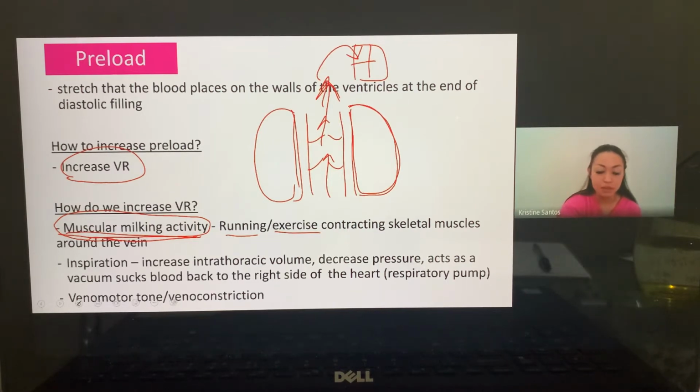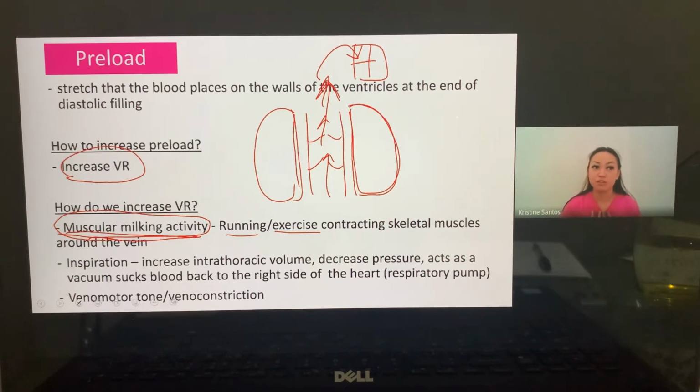Okay? The second one that can increase venous return is inspiration. When we inspire, when we inhale, our diaphragm contracts. It pulls the chest down, and then the intercostal muscles raise the ribs, right? So in total, we increase the intrathoracic volume.